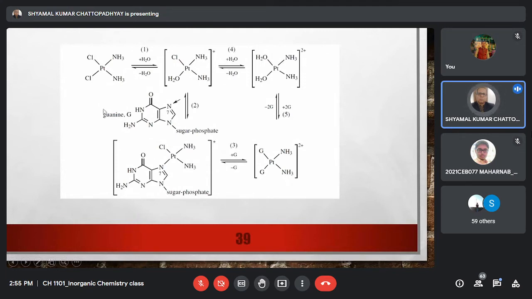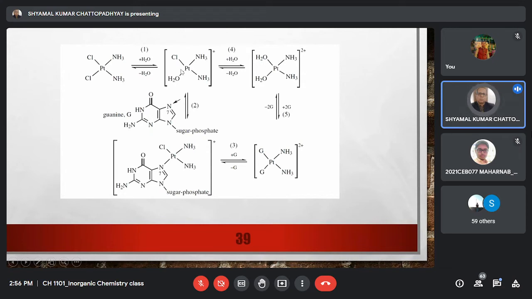But once it goes inside the cell, the chloride concentration is 4 millimolar. So from 100 millimolar, it is coming to 4 millimolar. So that means chloride concentration is much lower. So when the chloride concentration falls very rapidly inside the cell, then these chloride ions get dissociated, they get replaced by water.